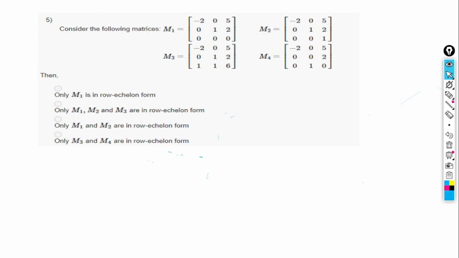For row echelon form, what we need to check is that in the matrices, the lower terms should be 0, that is below the numbers, lower triangular matrix. So it will be M1 and M2. Fine.